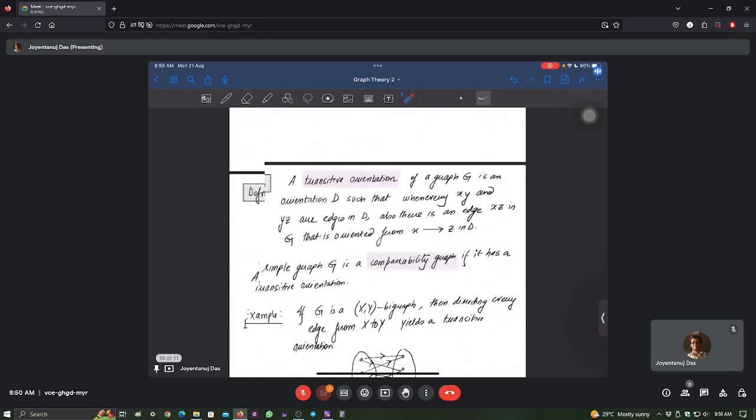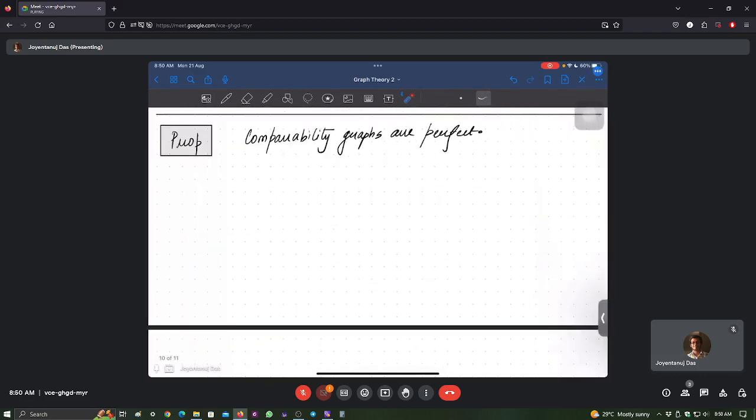So let us see how to prove it. The proof: since it is a transitive digraph, every induced subgraph is also transitive, right?